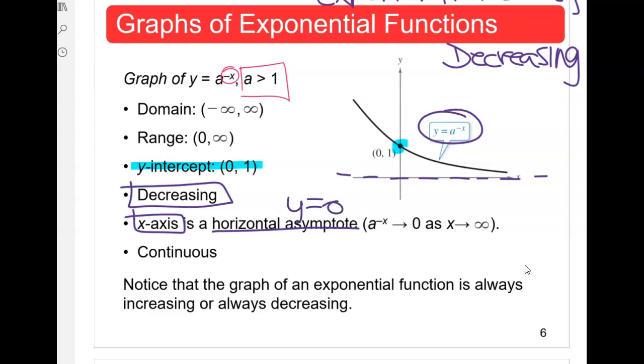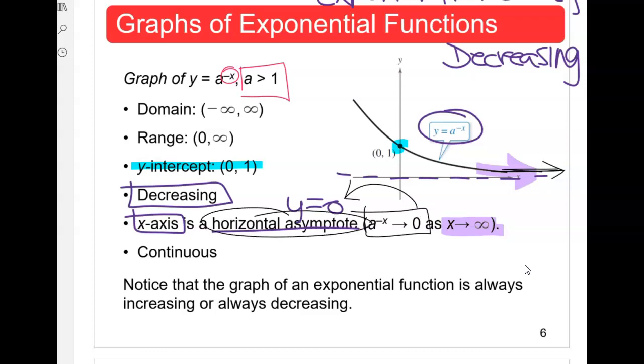And that is because as x gets larger, as we move x in this direction, the graph is going to get closer and closer to the x-axis, but it's not going to touch it. And so we say that the function approaches 0. That's why it is the horizontal asymptote.